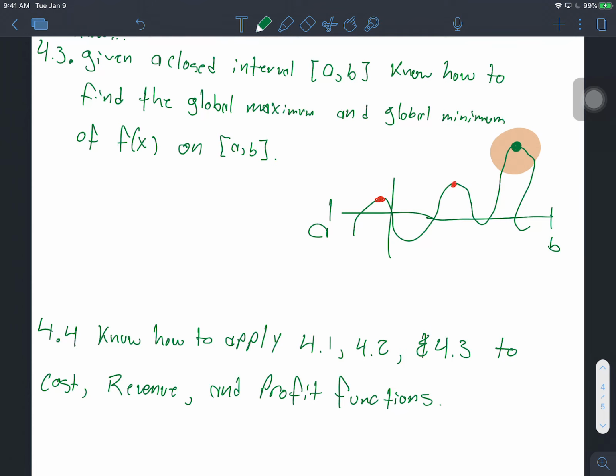So, we want to know how we can maximize profits. We want to know how we can minimize costs. These processes are done by finding local and global maximums and minimums of the cost function, revenue function, and profit functions.